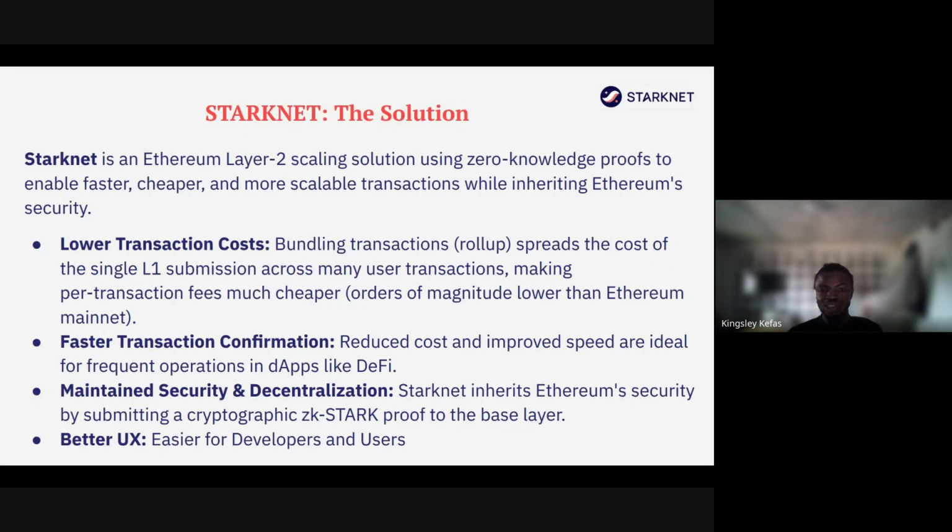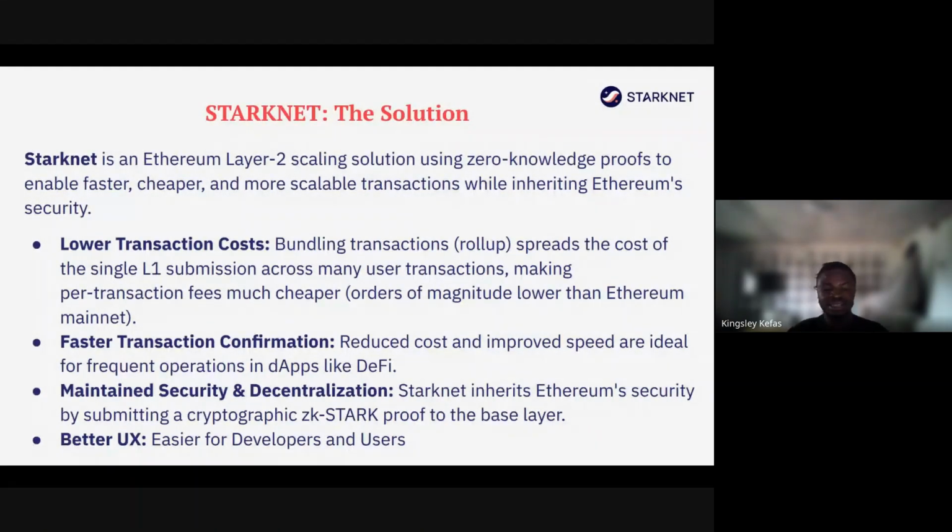On Starknet, a transaction is as low as $0.01, sometimes lesser than that. In fact, it's even safe to say that transaction is free. Yes, it's safe to say transaction is free.